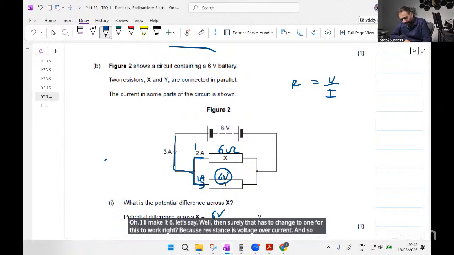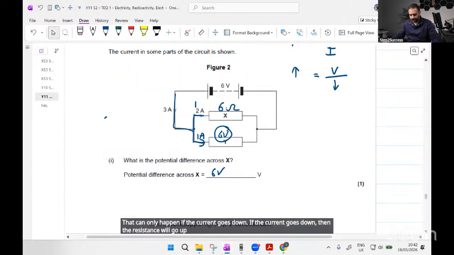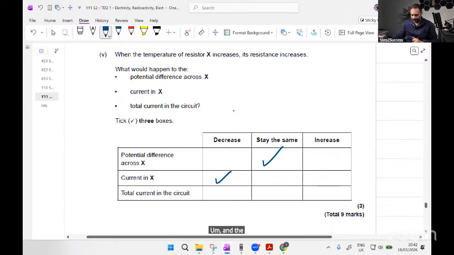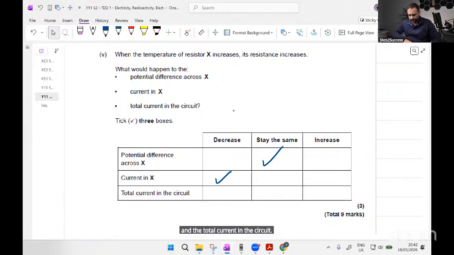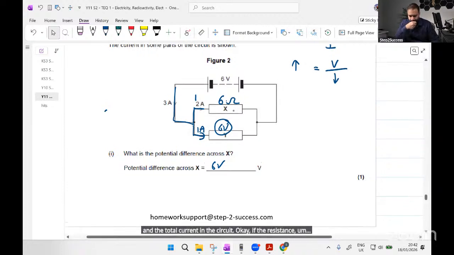And so if I'm saying that resistance is increasing, but voltage is staying the same, that can only happen if the current goes down. If the current goes down, then the resistance will go up in that situation. So the current goes down, and the total current in the circuit. Oh, okay. If the resistance, let me work this out.